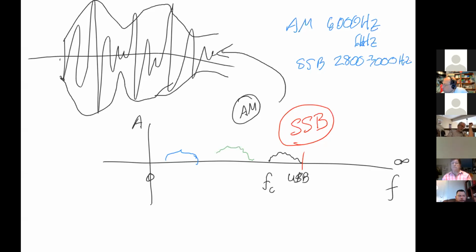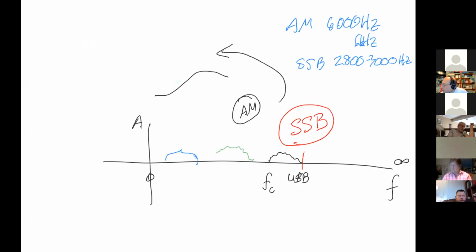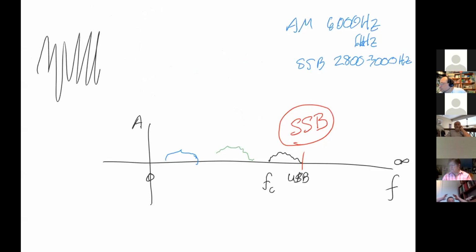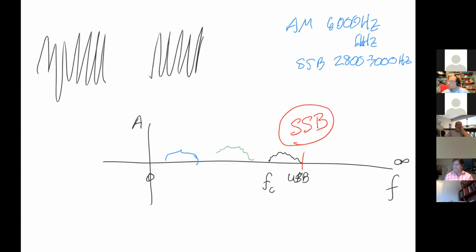Now, if I were to look at Morse code, you would think, okay, well, Morse code isn't going to take up any room at all because it's just a signal that's either going on or off. Well, actually, what it turns out is that the act of turning something on and off creates information, and information requires bandwidth.